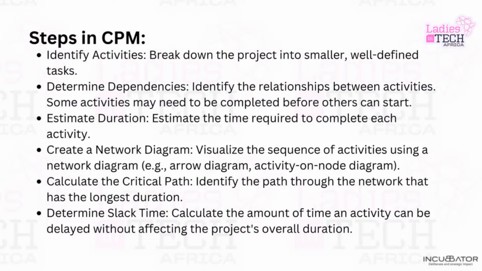We also explained how to create a network diagram to visualize the sequence of activities, with examples being the arrow diagram and activity on node diagrams. We explained calculating the critical path, which is to identify the path through the network that has the longest duration, and to determine slack time, calculating the amount of time an activity can be delayed without affecting the project's overall duration.